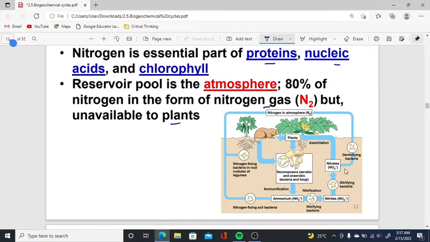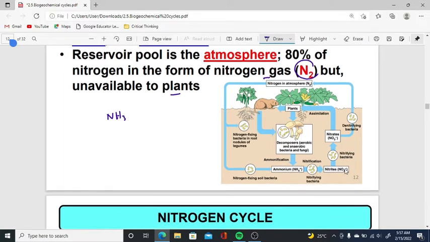Kalau macam carbon dioxide, plant can fix carbon dioxide to undergo process photosynthesis. But different with nitrogen gas, plant cannot use nitrogen gas directly. We need to convert it into another form that can be used by plant. Contohnya macam ammonia ke, ataupun ammonium ke, yang tu boleh digunakan oleh plant.